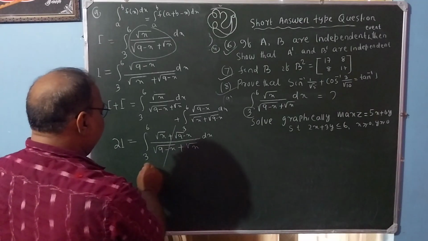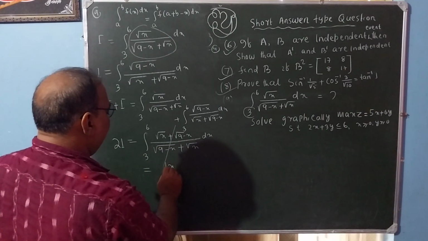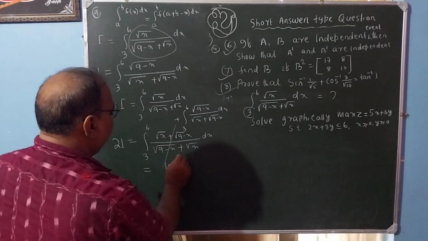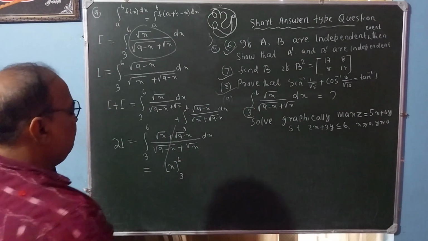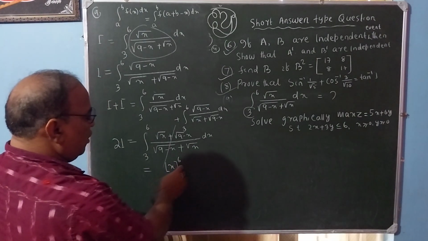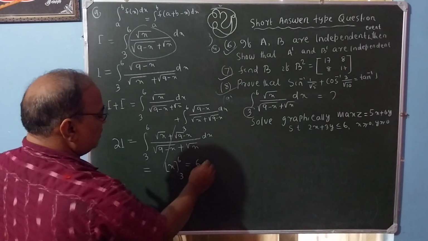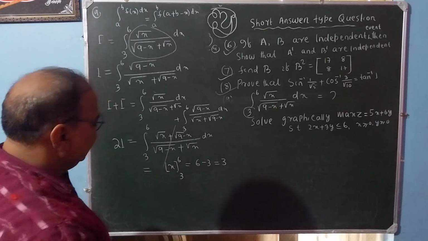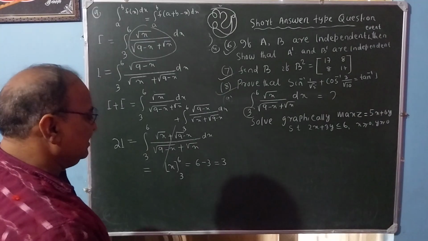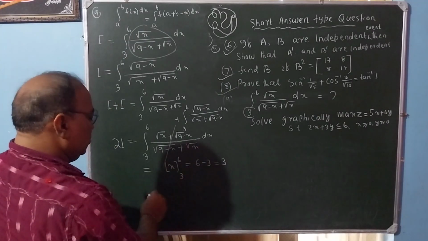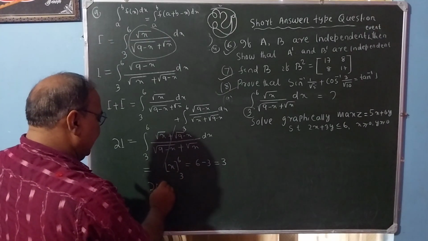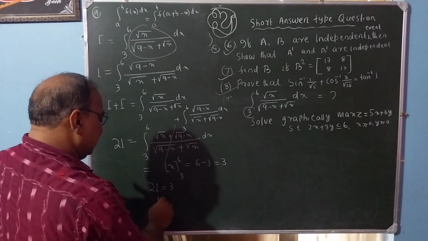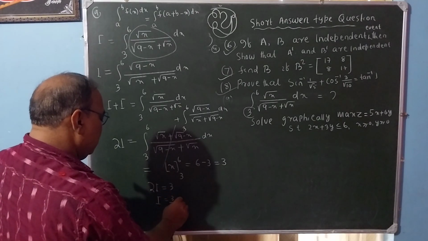Integral of dx is x, evaluated from 3 to 6. First of all, we put upper limit minus lower limit. So 6 minus 3 is 3. 2I is equal to 3. So I is equal to 3 by 2.